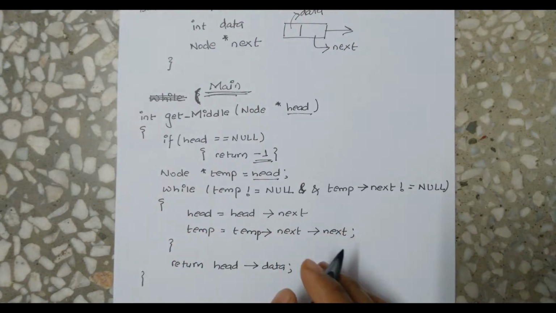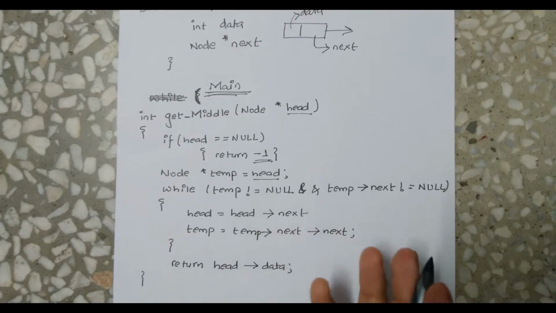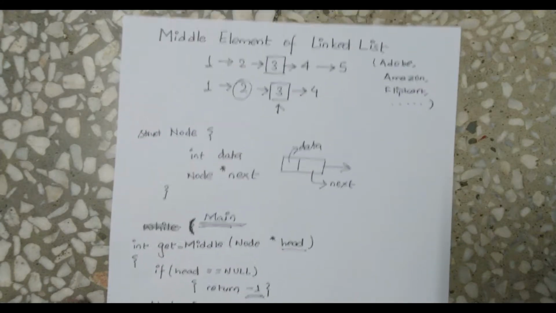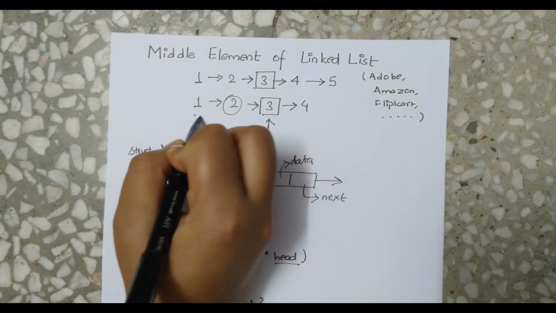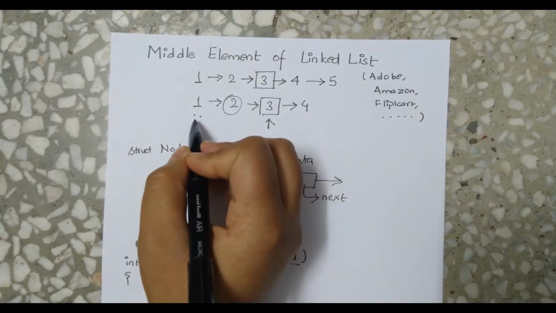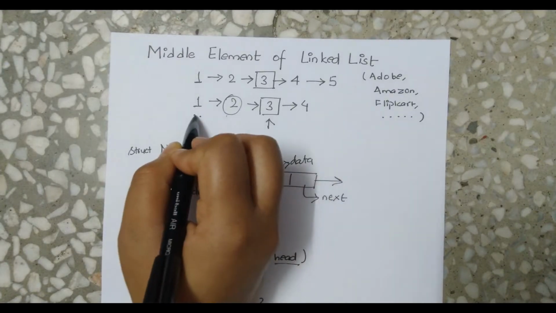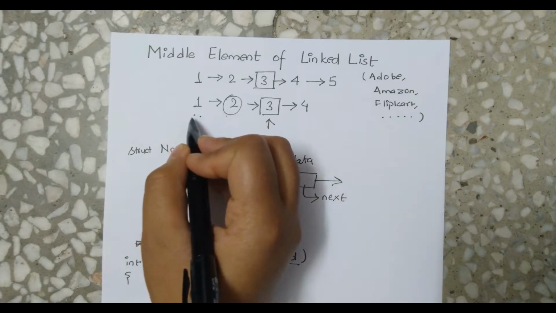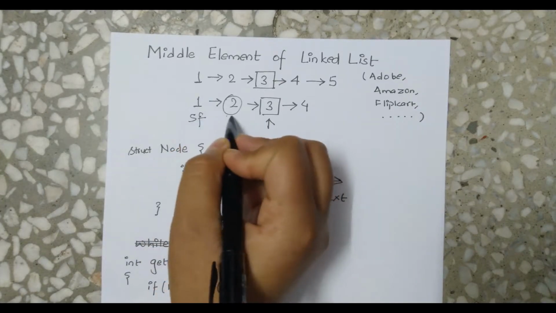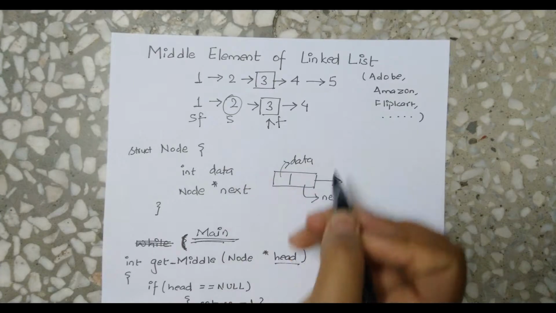The main motive and the main way of doing this is, we initialize a fast pointer and a slow pointer, and increment the fast pointer by 2 when the slow pointer is incremented by 1. That means when the slow pointer is over here, the fast pointer will be over here.